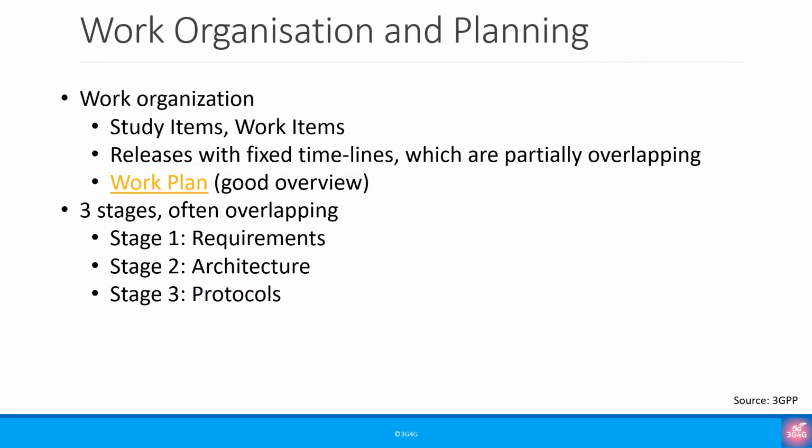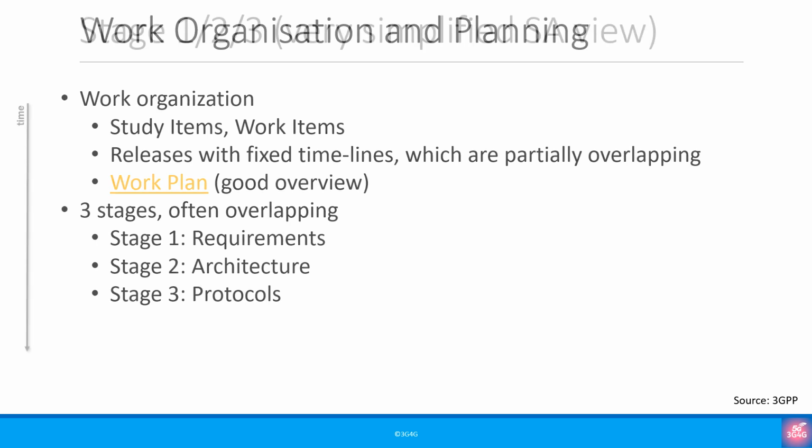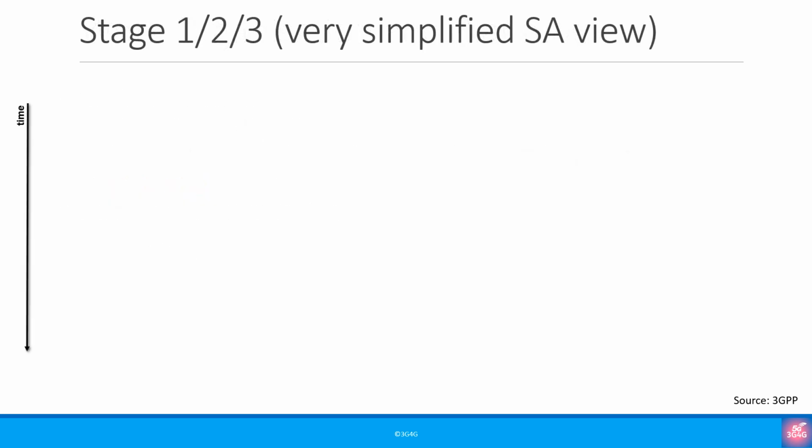During a release, there are three stages and they are often overlapping. Stage 1 is requirements, stage 2 is architecture, and finally stage 3 is protocols. This is a very simplified high-level view on stage 1, 2 and 3 of a release.